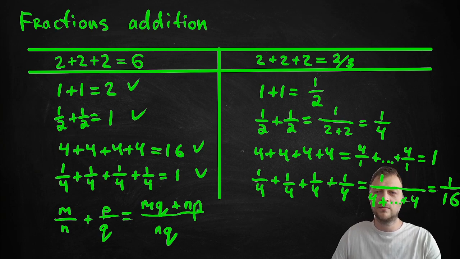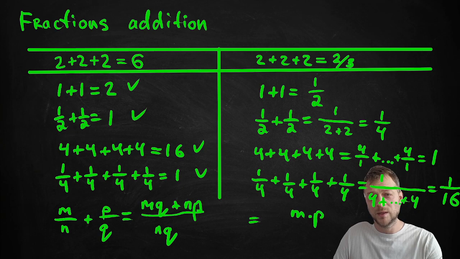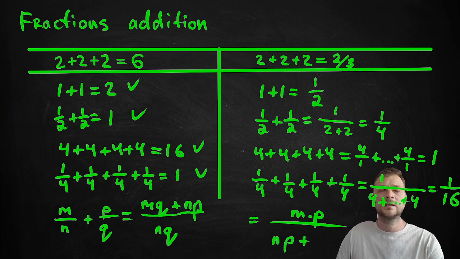So on the right hand side we would have a different result. We will want to have a common numerator, so we will have m multiplied by p on the top, and on the bottom we will have np plus mq.